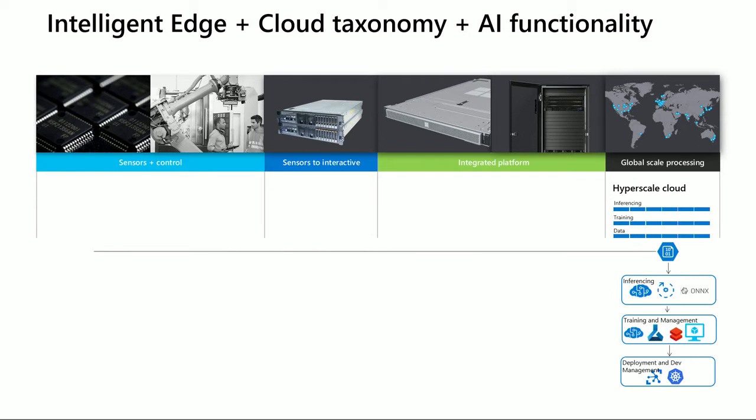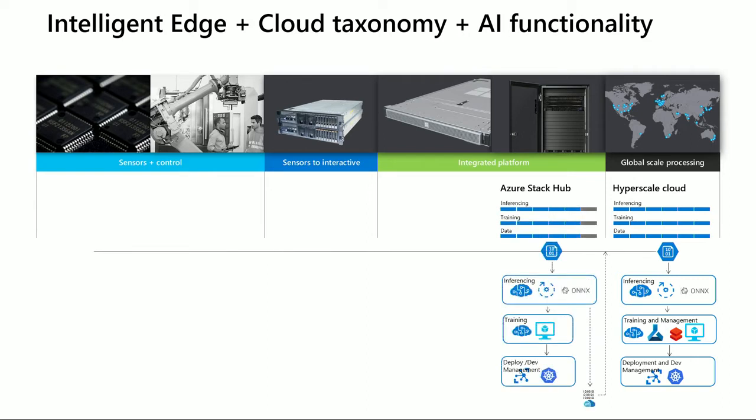But as you move into this continuum, you would see that the inferencing, training, and data capabilities start to lower. The common thread is that Azure storage continuum that allows you to move data back and forth, and you decide where that data stops. But because you have less capacity in a hub, you can still do inferencing and training, but only a subset of those training services are available to you.